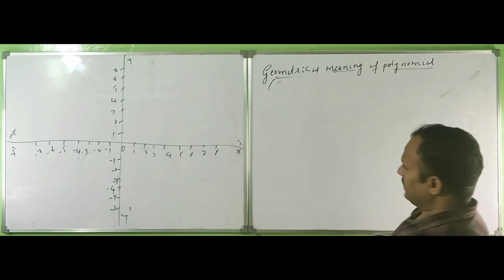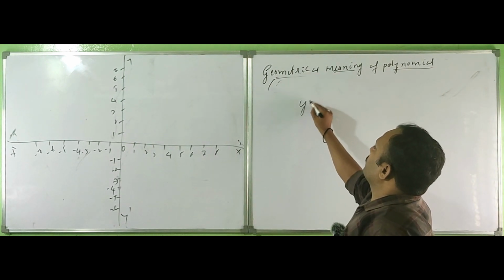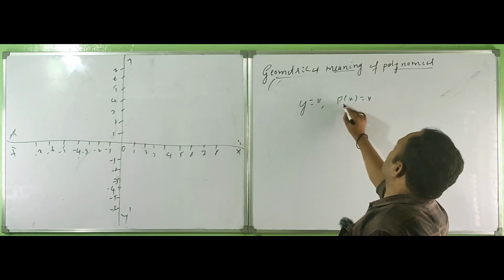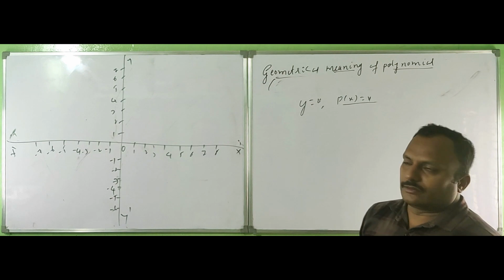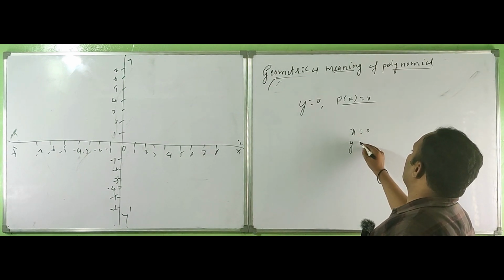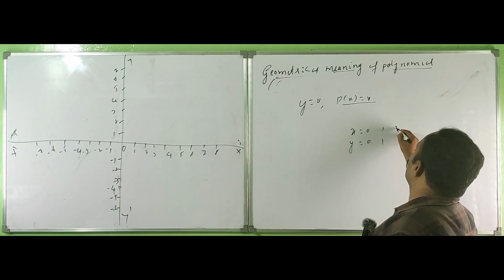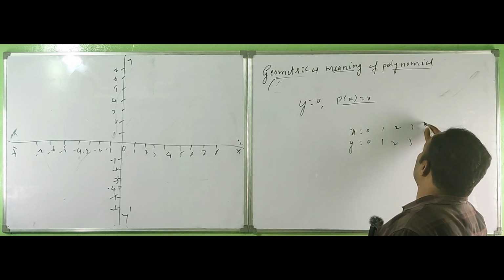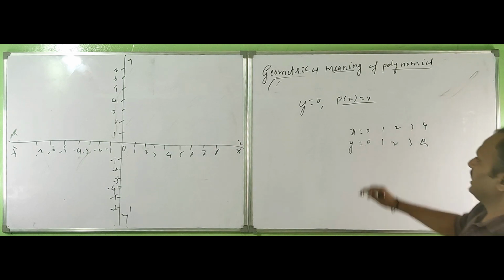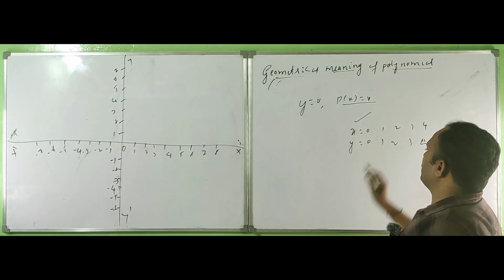Take the line y is equal to x, which means p of x is equal to x, a single line. For x and y, whatever value you take, you get the same value: 1, 1, 2, 2, 3, 3, 4, 4. y equal to x means x is independent, y is dependent.